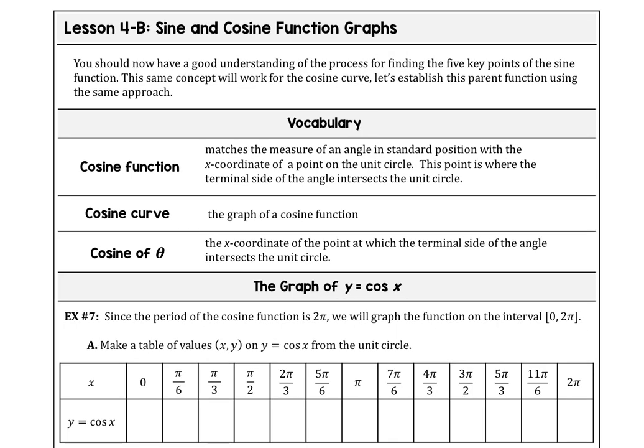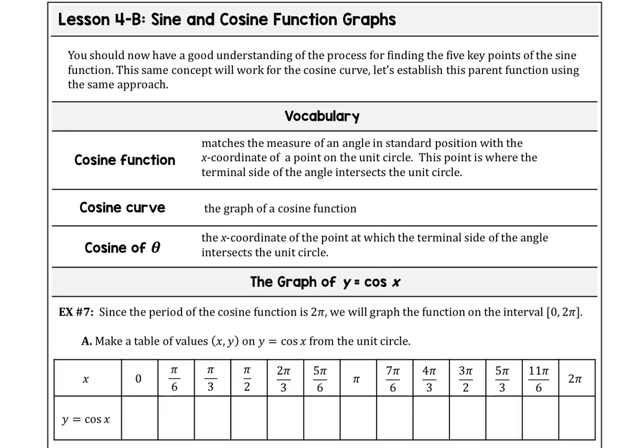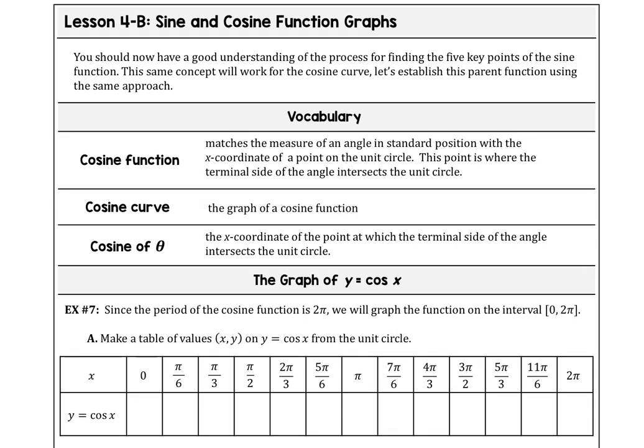The cosine function essentially matches the measure of an angle in standard position with the x coordinates of a point on the unit circle. This point is where the terminal side of the angle intersects the unit circle. But we're talking about matching the x coordinates on our unit circle.